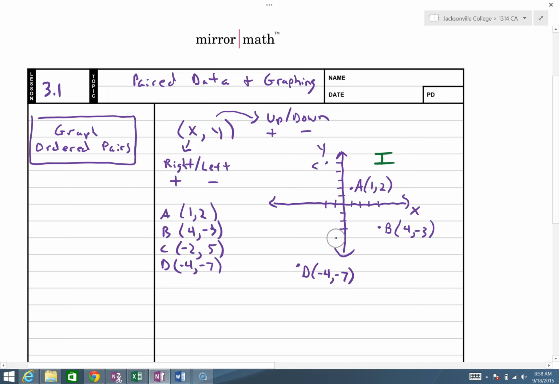And then it goes in a counterclockwise fashion. This is the second quadrant, this is the third quadrant, this is the fourth quadrant. I think of it as being like a C for coordinate plane. 1, 2, 3, 4. All right.